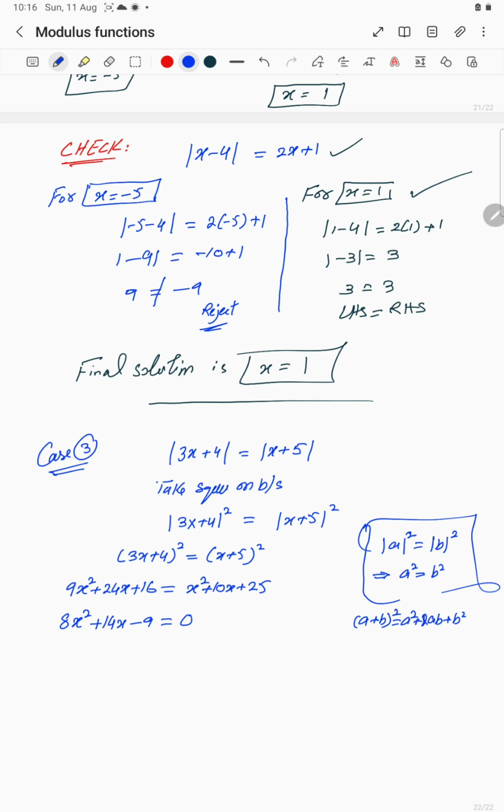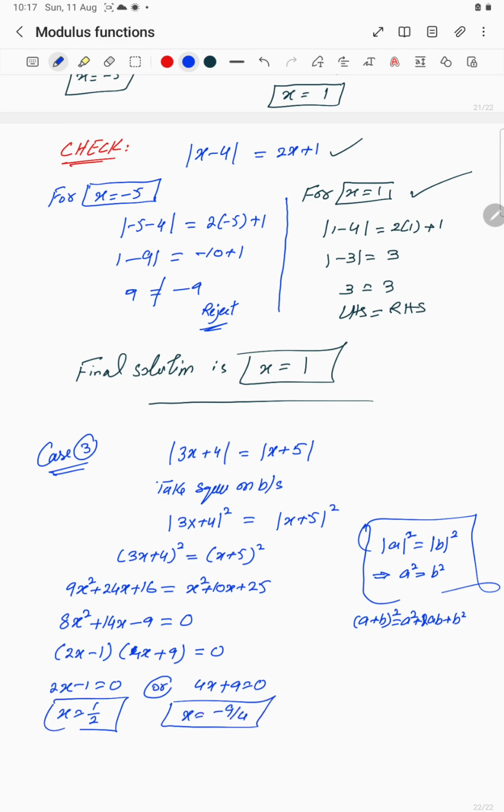Here I'm going to apply the middle term break rule, and that gives me (2x − 1)(4x + 9) = 0. So 2x − 1 = 0, so x will be 1/2, or 4x + 9 = 0, meaning x is equal to −9/4. These are the two solutions we get.